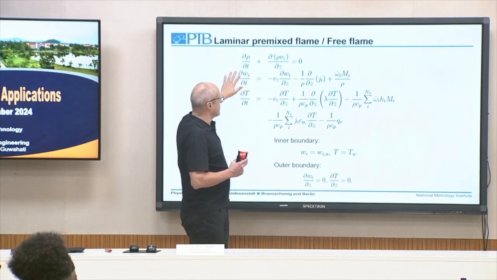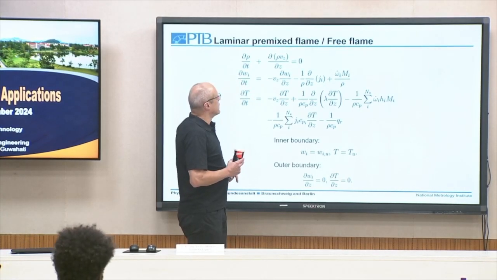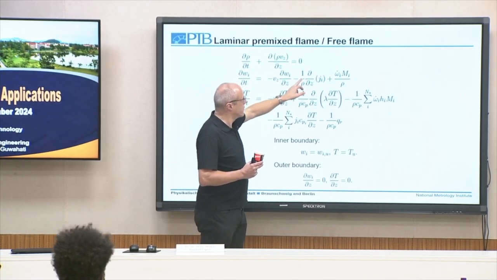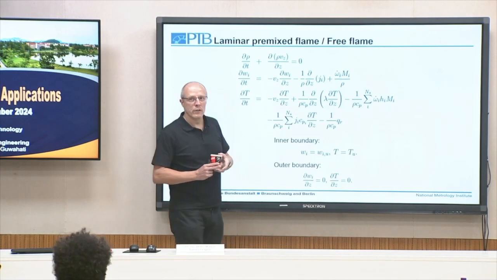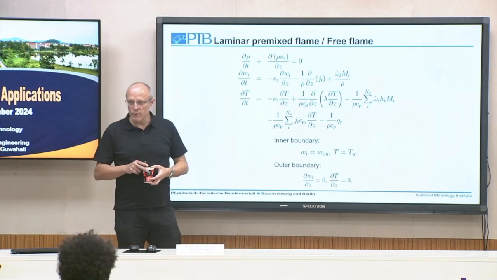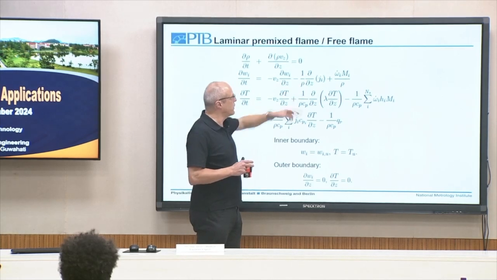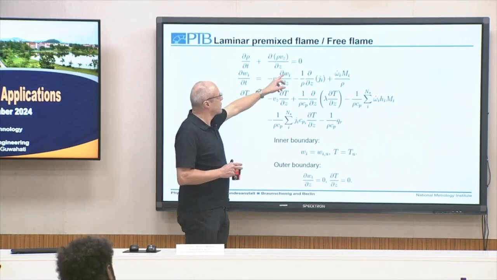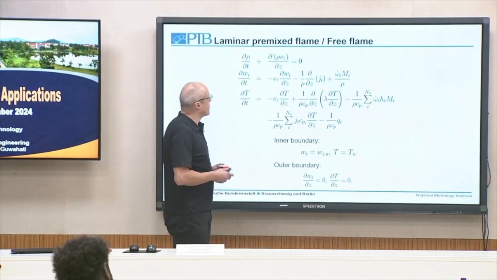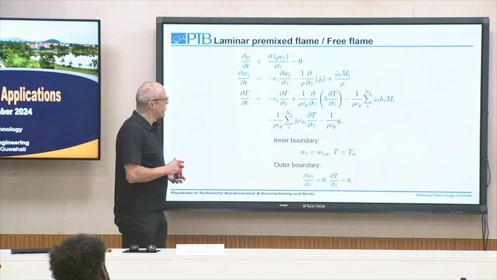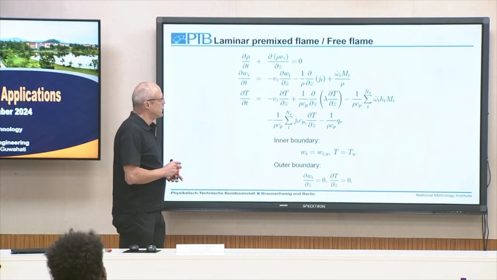And then here we have, in addition, for example for the species, of course to consider diffusion fluxes due to gradients of the species along the spatial coordinate. We have to consider convection here.